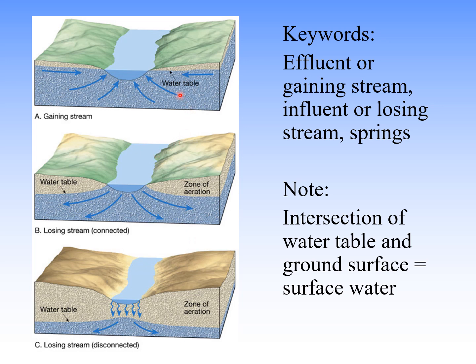And note here that in these two, A and B, there are intersections between the water table and the ground surface, and that's what produces the surface water that we see during dry periods when there's not actually runoff water moving through these streams. In dry periods, you can still have streams, and that's just because the water table is high enough that it's exposed at any spot where there's a stream bed.